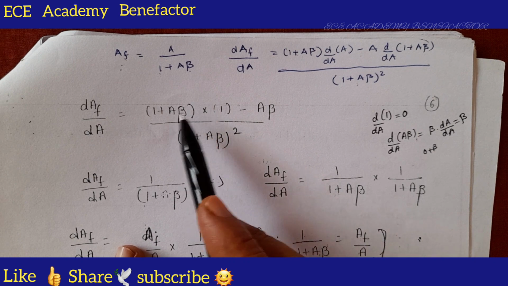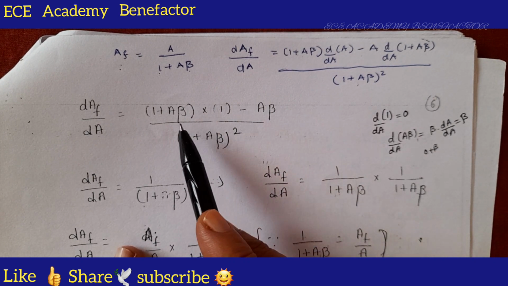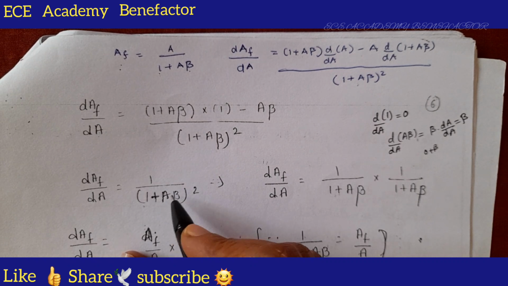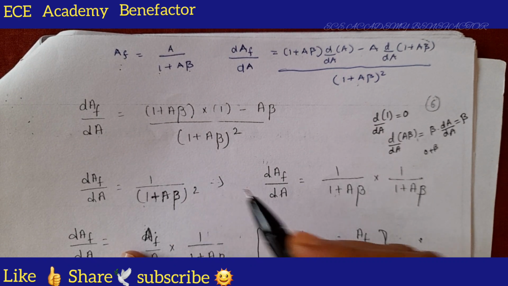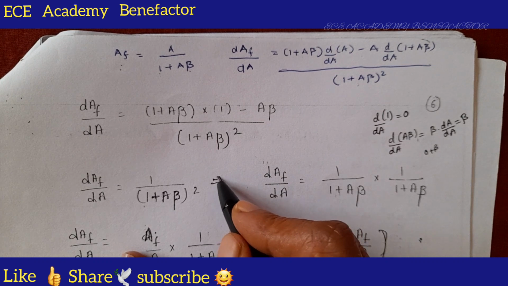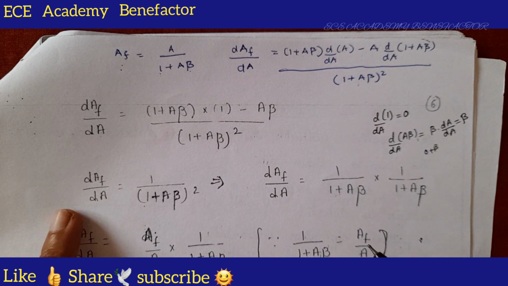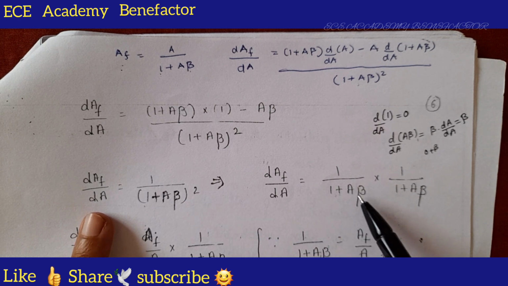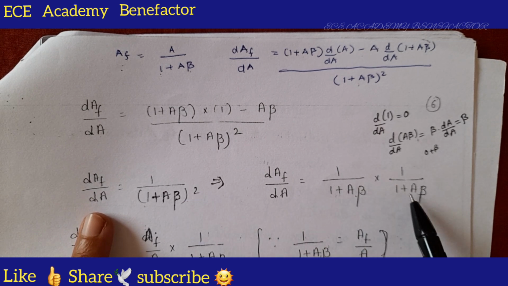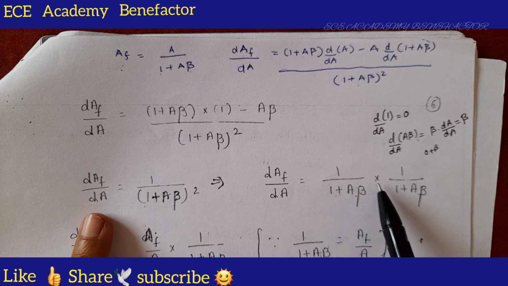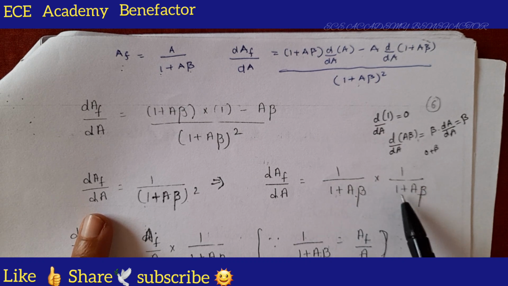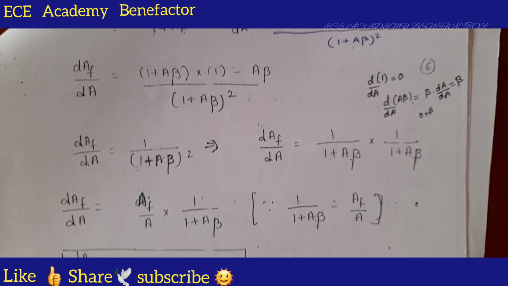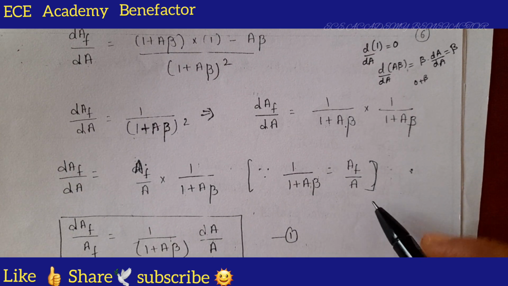Here these two get cancelled. We are left with 1 by 1 plus A beta the whole square. So you can write dAF by dA is equal to this one, and again we have split the square into 1 by 1 plus A beta times 1 by 1 plus A beta. And what is the gain of negative feedback equation?